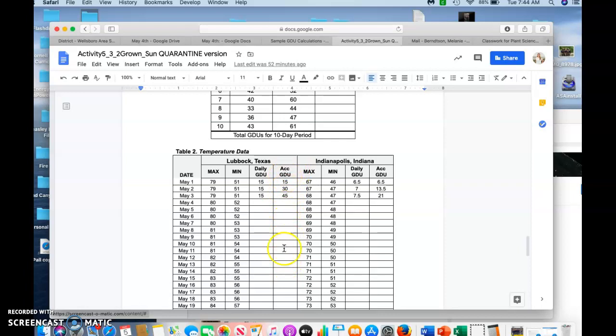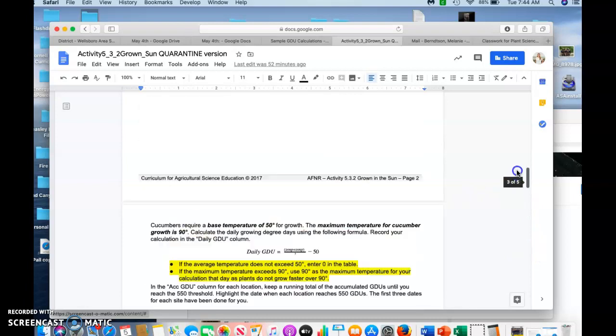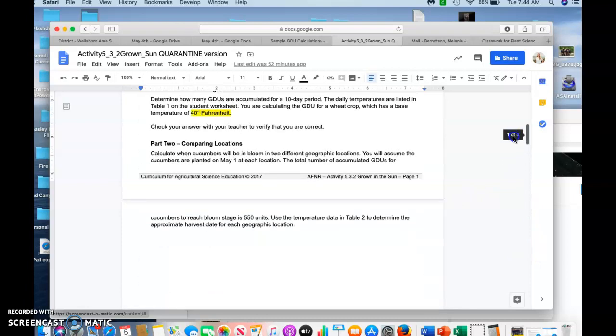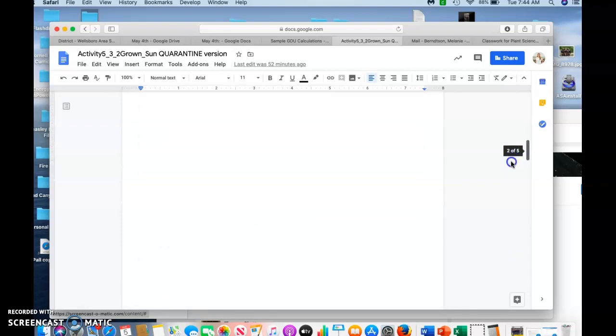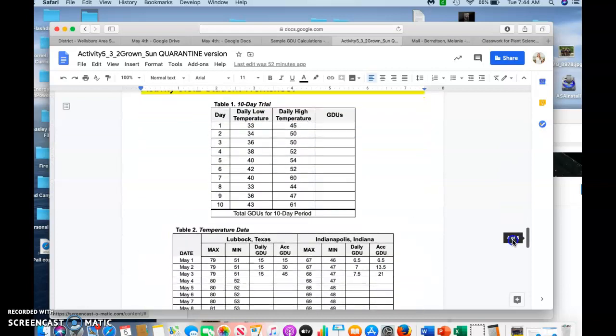That's the accumulated column, and that's the column you're worried about because you want to know the accumulated growing degree units. How long does it take for these cucumbers to develop the units to bloom in Texas versus Indiana? And how many do we need? I told you up here, 550, and that's what you're looking for.